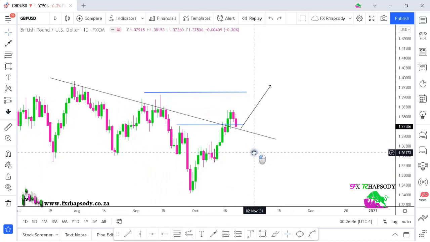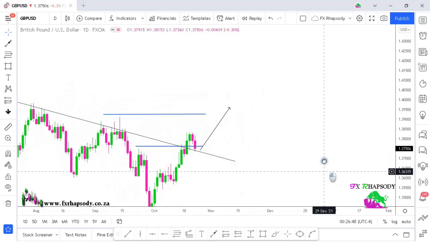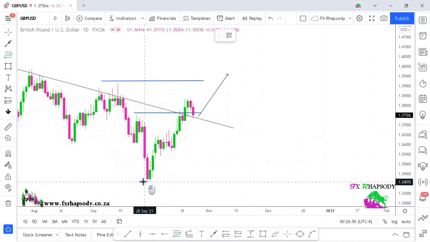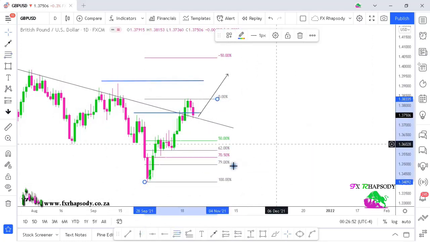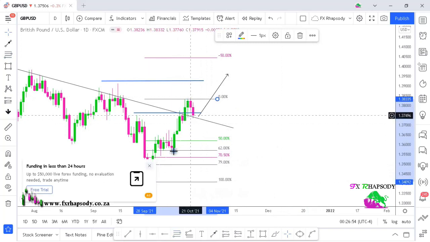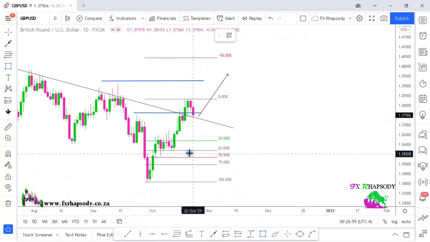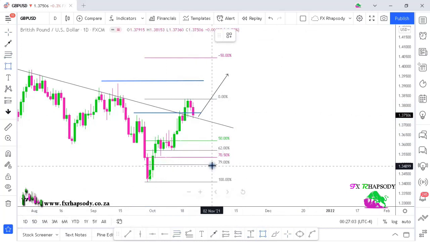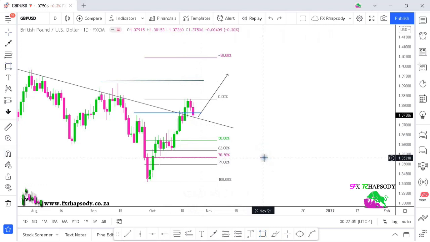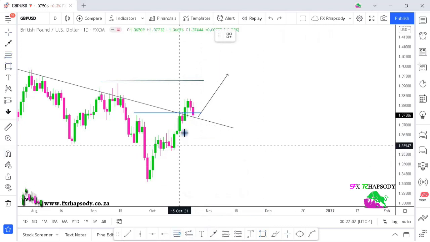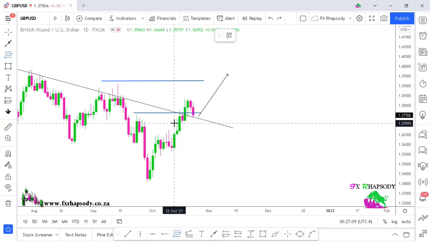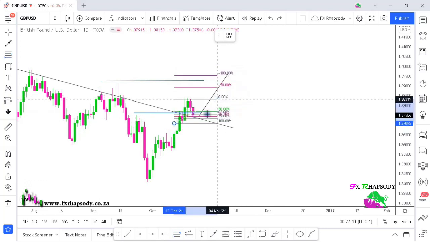All right. So now Fibonacci, you cannot pull your Fibonacci from here to there. Well, you can if you want to, but it's a higher time frame, so price can definitely come back and retrace to this area over here. But what I want to do is pull another Fibonacci for you, from this swing to that swing.